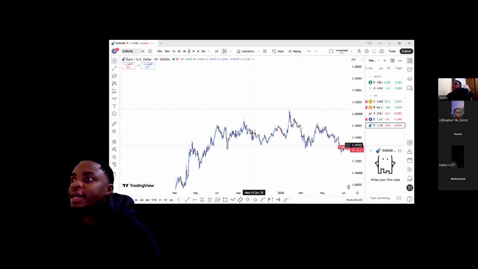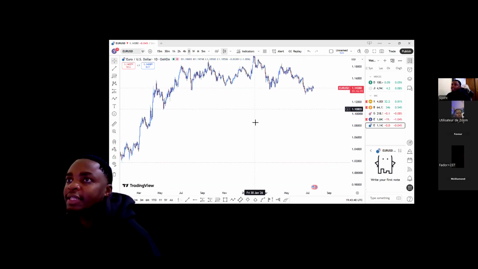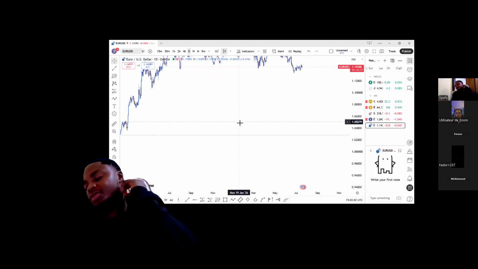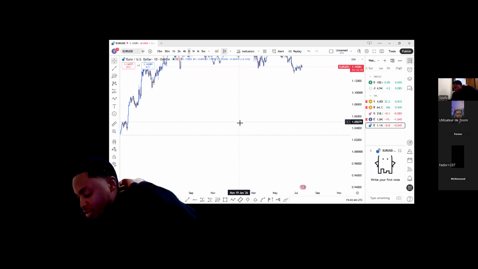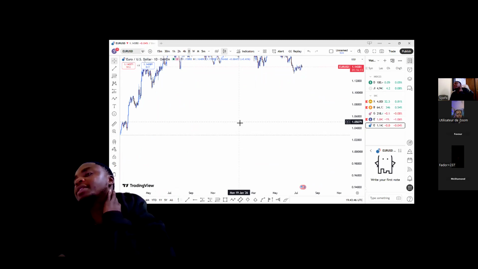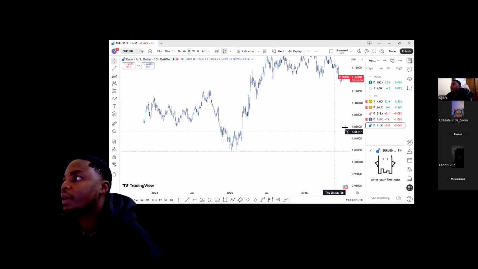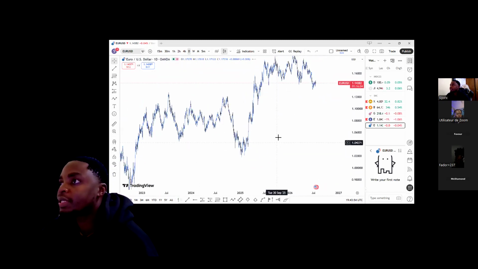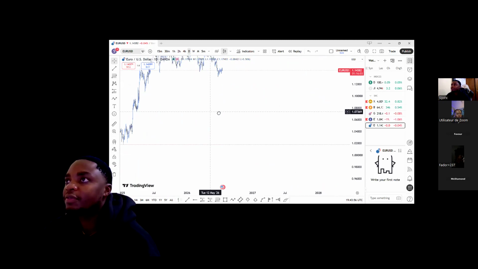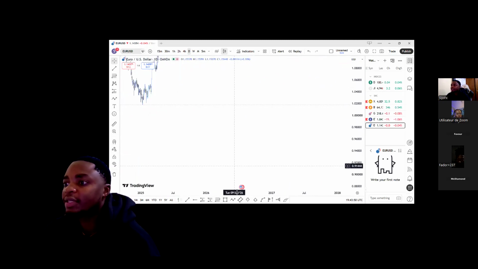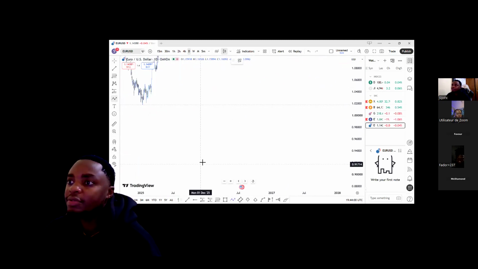On the chart, there are three types of market structures. You have the bullish market, the bearish market, and another market that consolidates. For the bullish market, you see something like that.